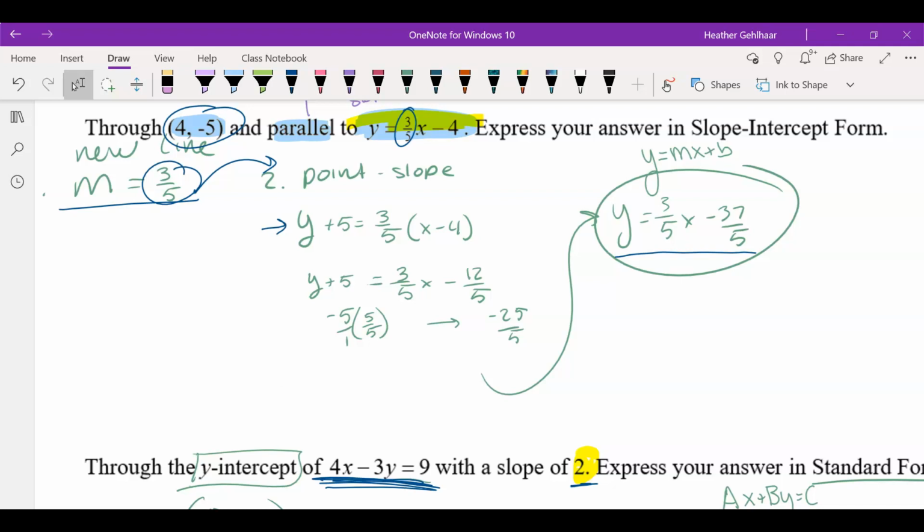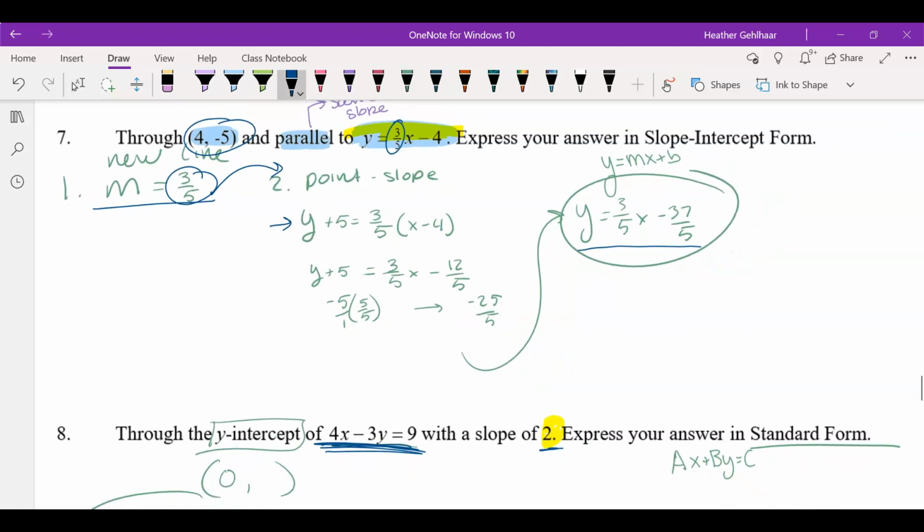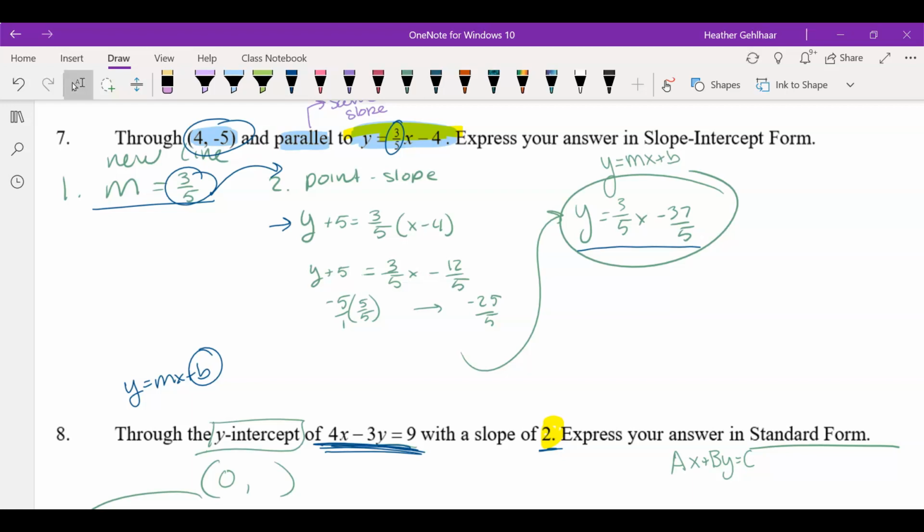So we need to go through the y-intercept, so we need to find what the y-intercept is. It's going to be (0, something), which when you get it into y equals mx plus b, is whatever your b is. You're going to plug it into that point and use that point to get your equation. So if you want to go ahead and try doing that now, pause the video and come back.